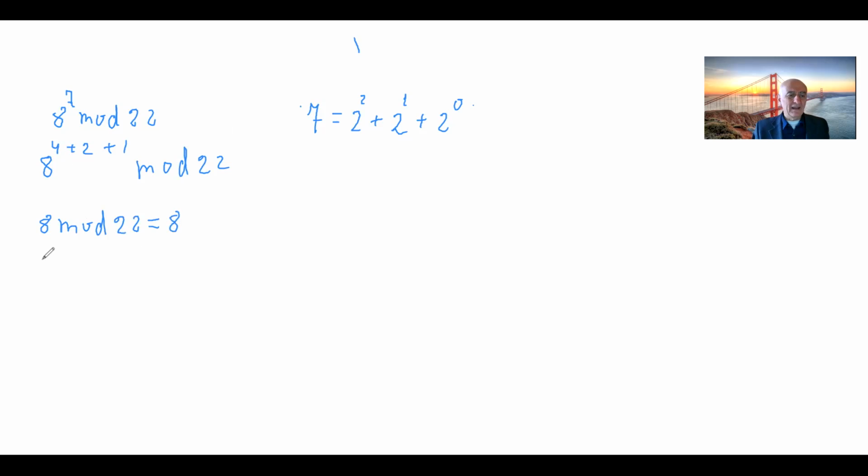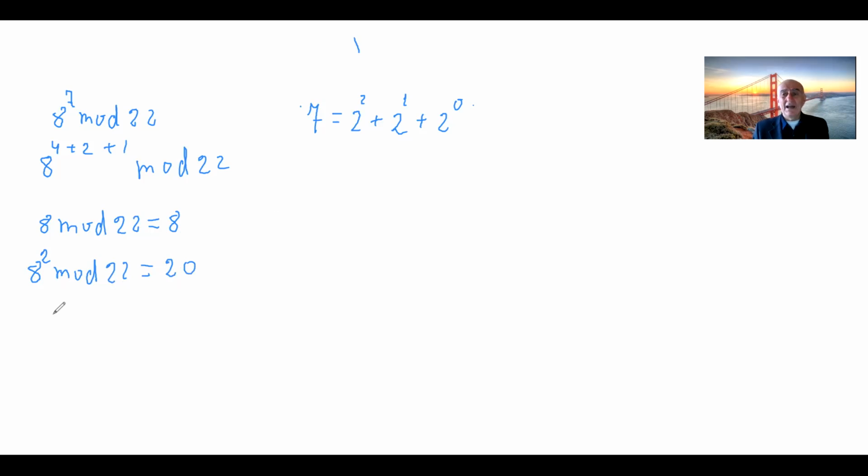Then I need to find 8 square mod 22. It's also obvious. And what is it? Yes, absolutely. It's 20. Because 8 square is 64, and when we divide 64 by 22, the remainder is 20.